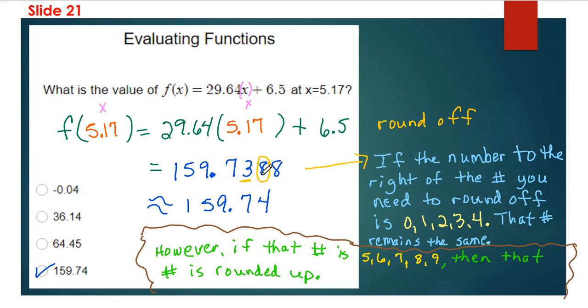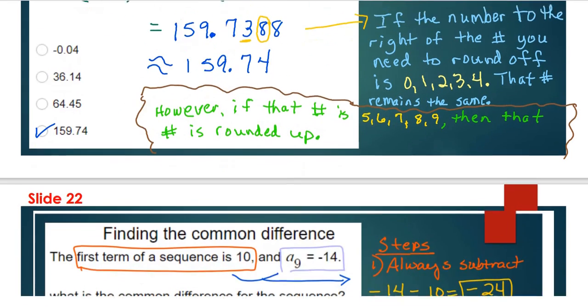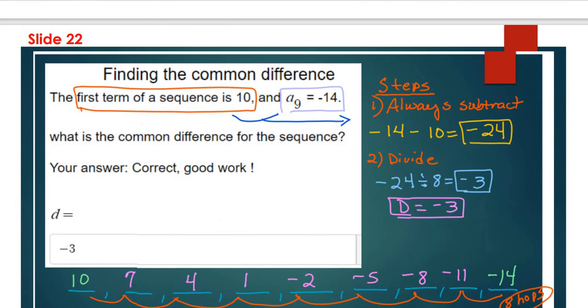But notice this is 8 instead of 0, 1, 2, 3, 4. Now, if the number is 5, 6, 7, 8, or 9, then that number is rounded up right here. So I'm looking at it, and it is rounded up to 74. Now put these little squiggly lines right here because that means approximately, because we rounded off, and you see this is your answer.